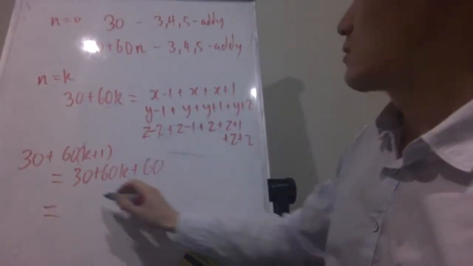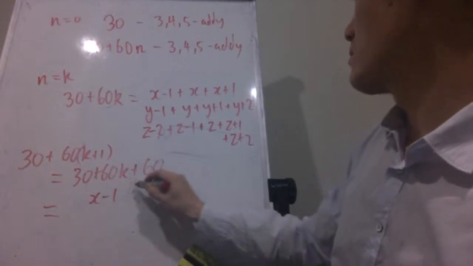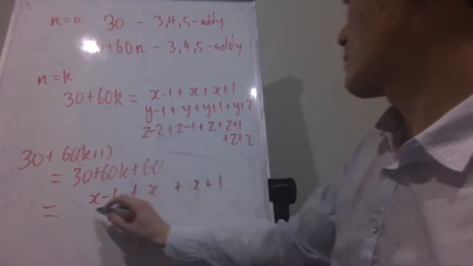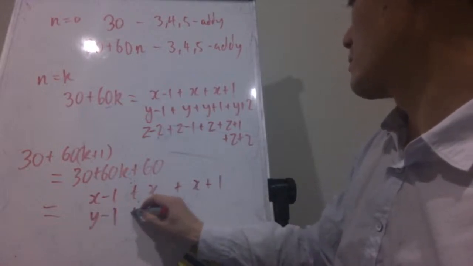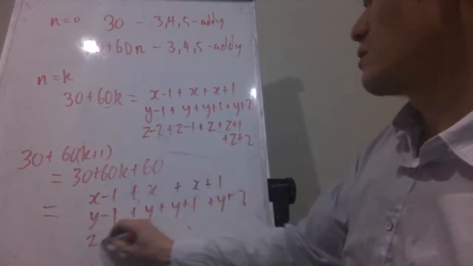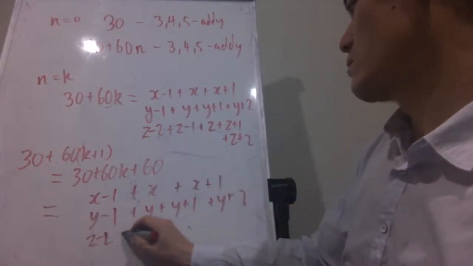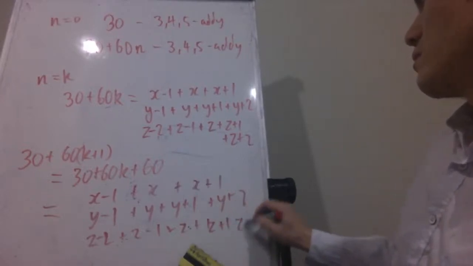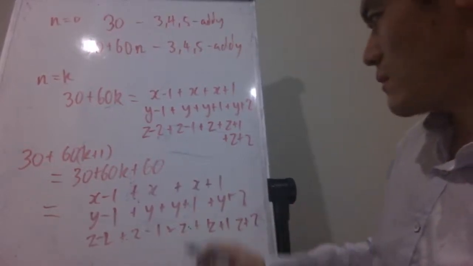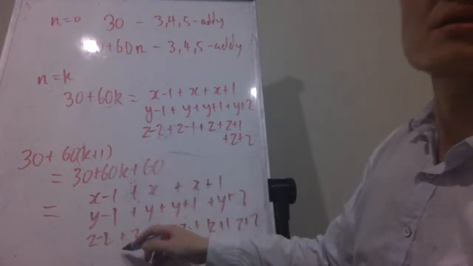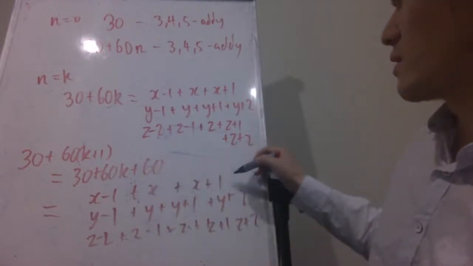So it's equal to x minus 1 plus x plus 1, y minus 1 plus y plus y plus 1 plus y plus 2, z minus 2 plus z minus 1 plus z plus 1 plus z plus 2, right? I guess the key here is now you're adding 60 to each one of them, right?